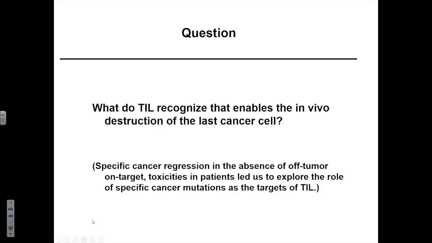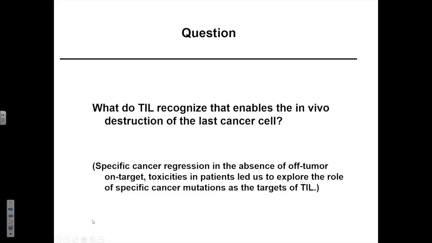Now, one of the critical questions that came up is, what do TIL recognize that enables the in vivo destruction of the last cancer cell? And the fact that we were seeing these complete regressions of widespread disease, there was no relationship between the bulk of disease and the likelihood of having a complete response. Sometimes we see regressions happening within the first 2 to 3 weeks after administration.